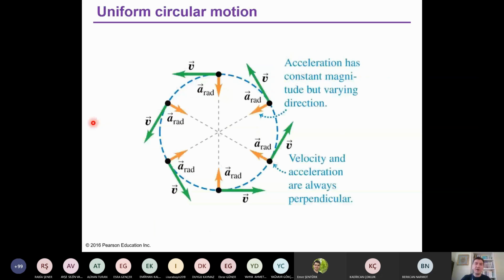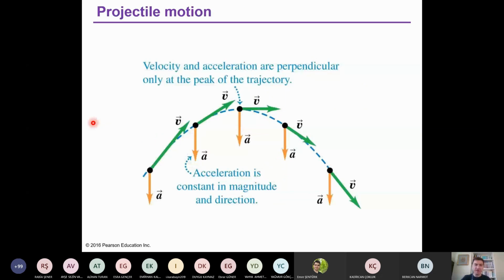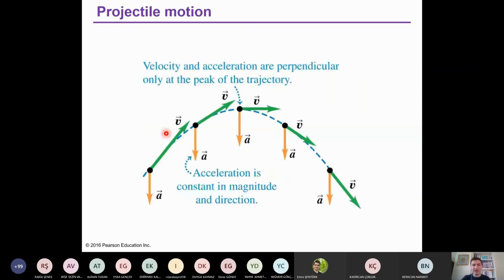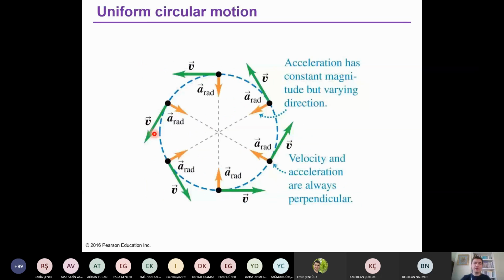Then let me compare the velocities in uniform circular motion and projectile motion. What do we have in uniform circular motion? Speed is constant for every point around this circular path, and the velocity is tangent to the path.